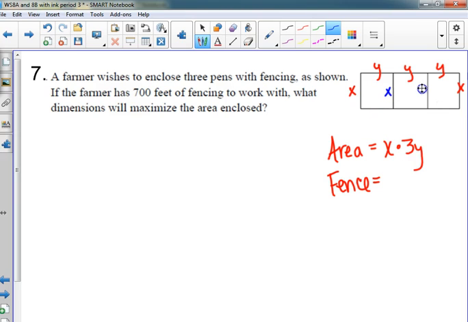You got to add up all of this, right? What does he need? 4 X lengths and how many Y's? 4 X's plus 6 Y's. Okay. What does he know, though? He has 700 feet of fence.